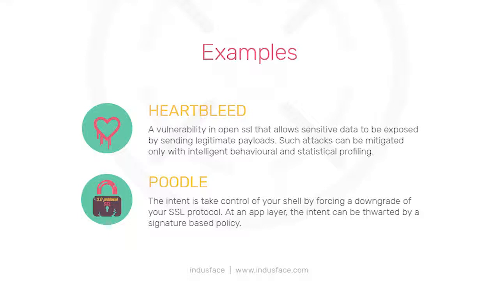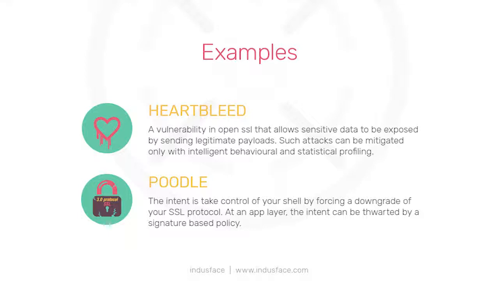Heartbleed was very interesting in terms of the zero-day attack. It was a problem with an OpenSSL version, and the attack payload looked perfectly legitimate. There was nothing that we could do signature-based to identify that this is an attack payload.